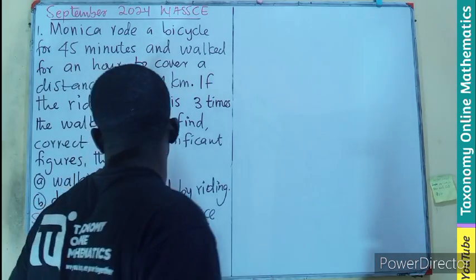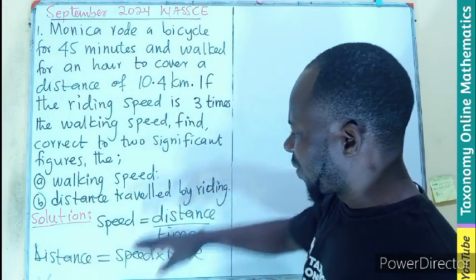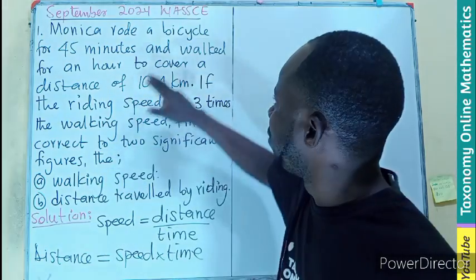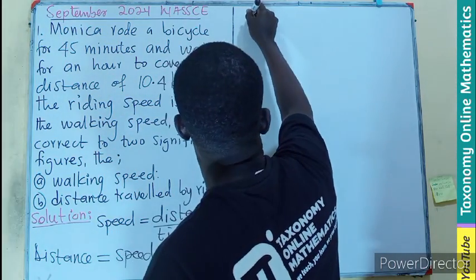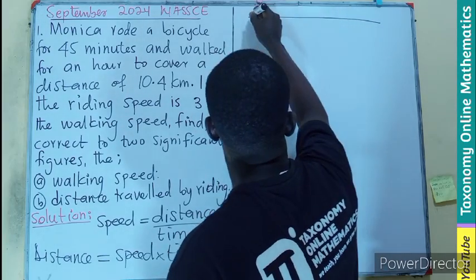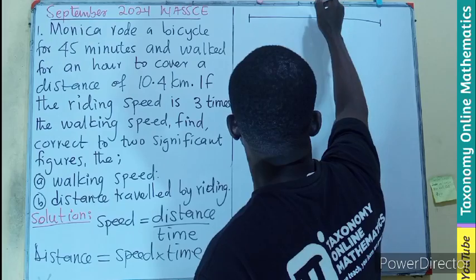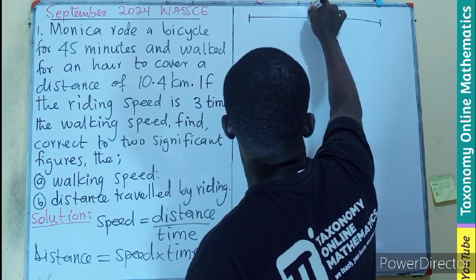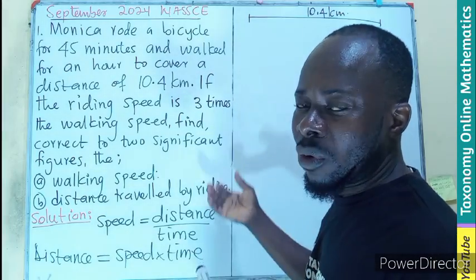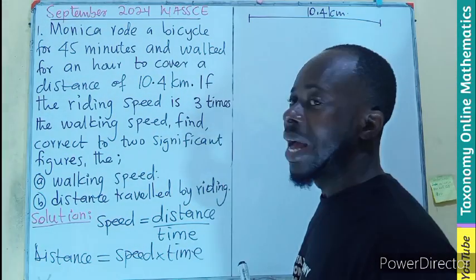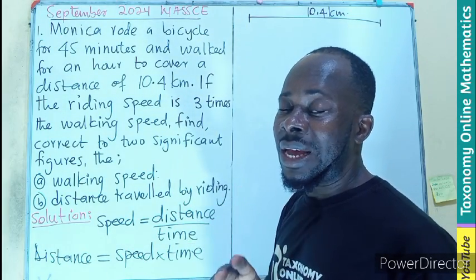All right. So let's see. We need to know the distance that is used in riding. So if I can make a sketch of the distance from here to here, it is going to give us the 10.4 kilometers. Part of it will be used for riding, and part of that journey will also be used for what?